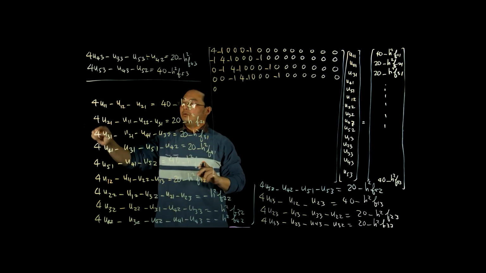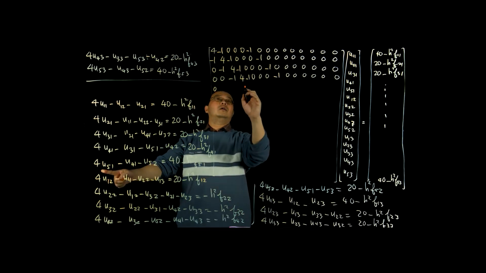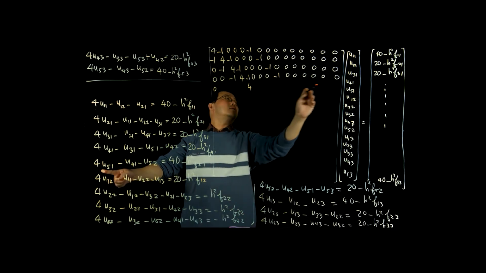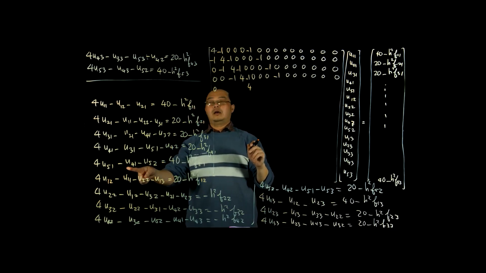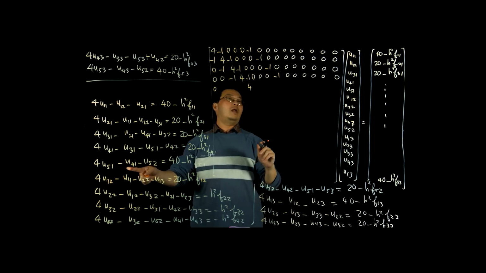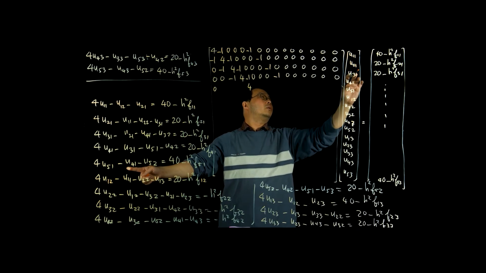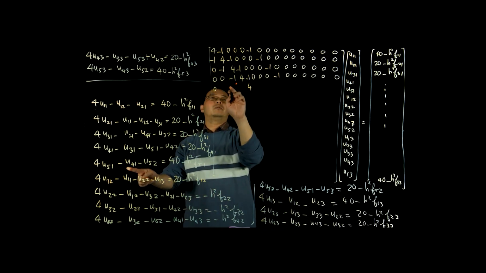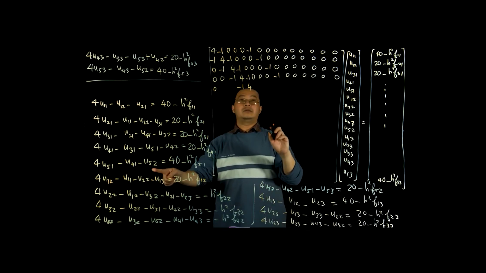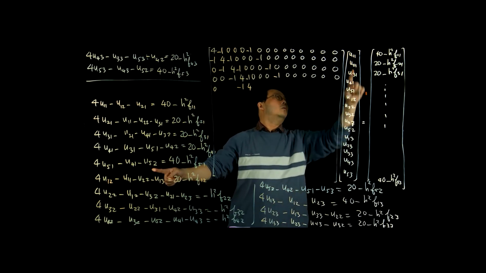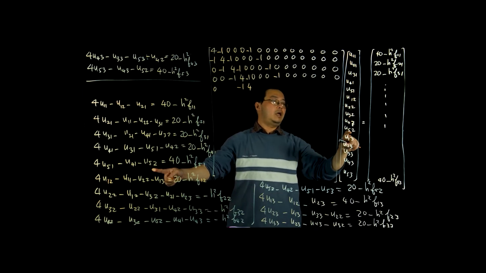So 4 here, yeah, for U51 and minus U41, so 1, 2, 3, 4, so you have minus 1 here, yeah, and then minus U52, so 1, 2, 3, 4, 5, 6, 7, 8, 9, 10.